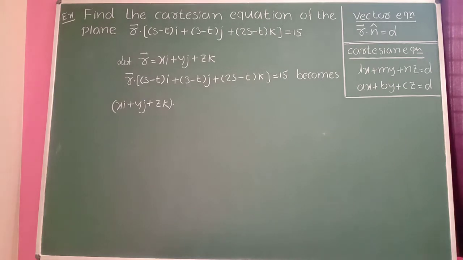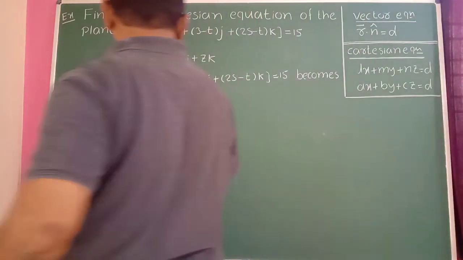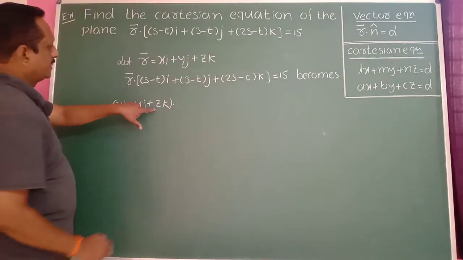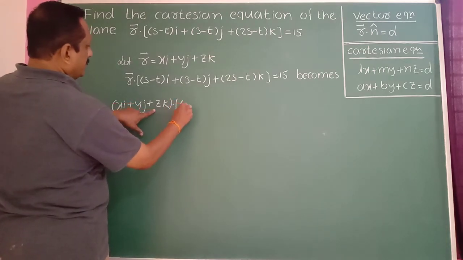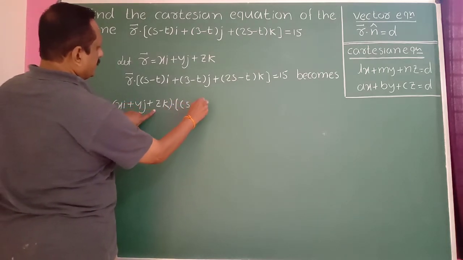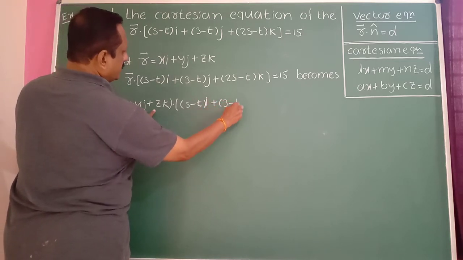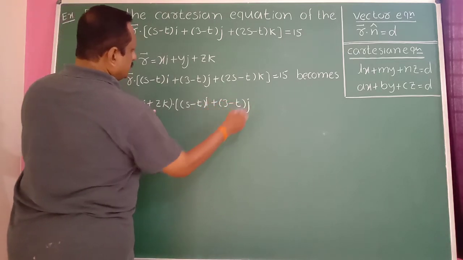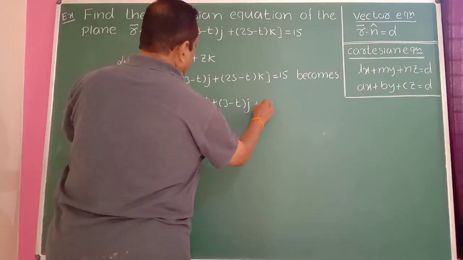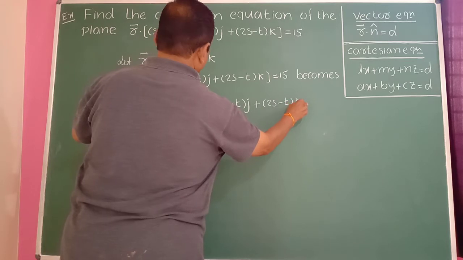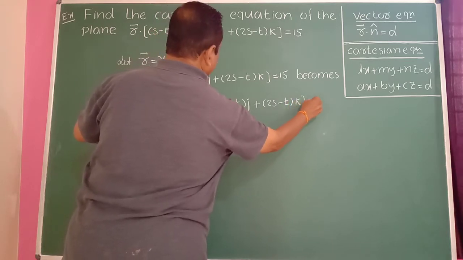Now find the Cartesian equation of this plane. Same procedure here. Just replace r bar by xi + yj + zk dot of (s - t) into i + (3 - t) into j + (2s - t) into k, that is equal to 15.